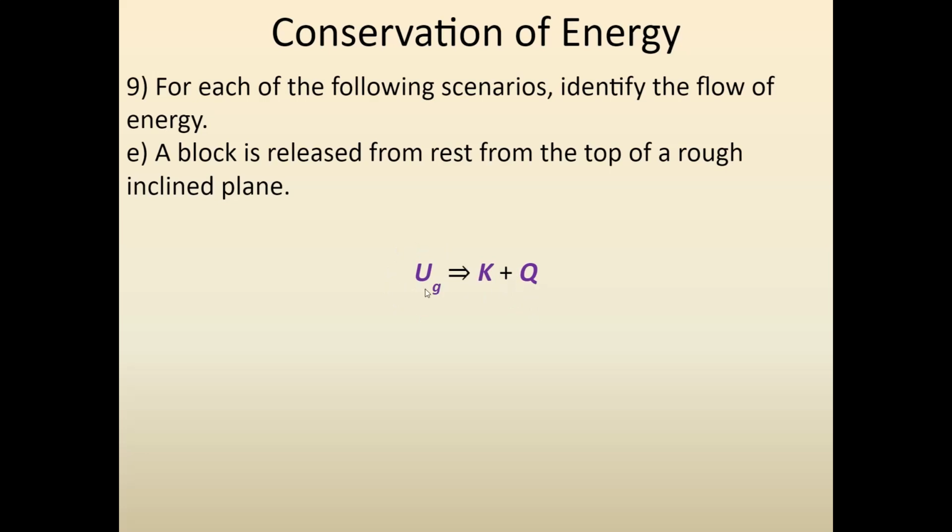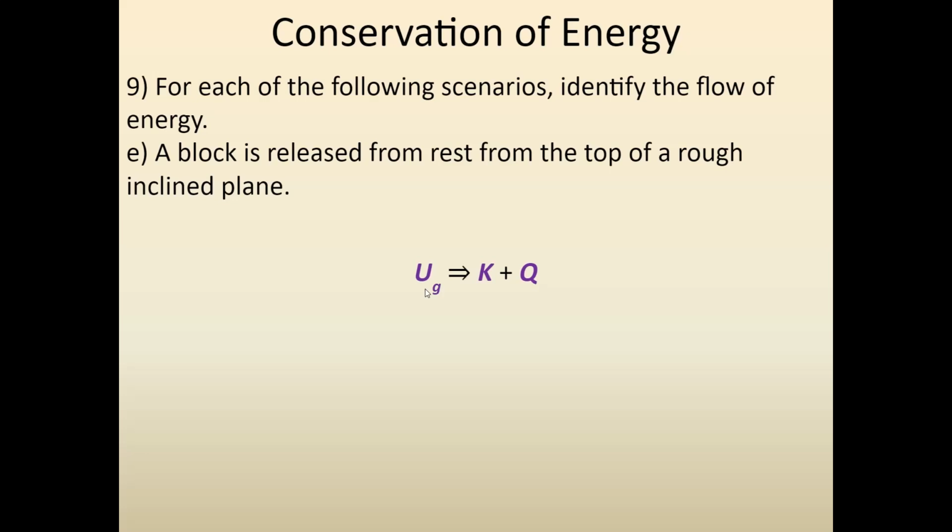Now, one reason why it's important to keep track of this flow of energy is that since I know the gravitational potential energy at the top of the ramp will eventually turn into kinetic energy and energy being lost when it reaches the bottom, what I can then do is set these two equal to each other, and I can use that to figure out something.